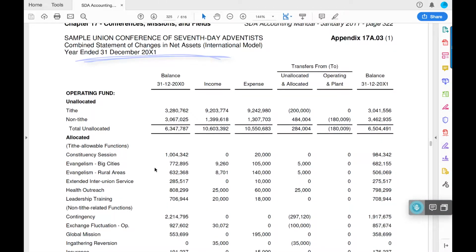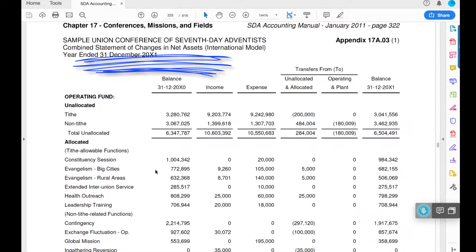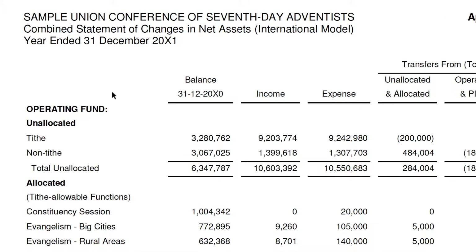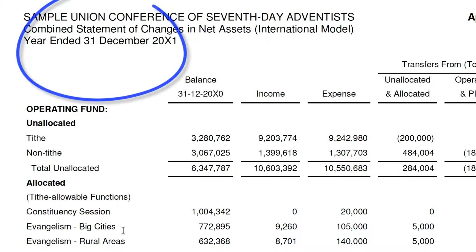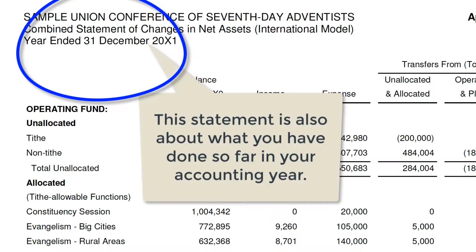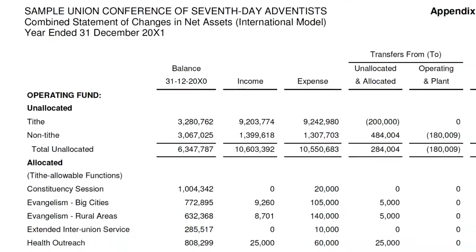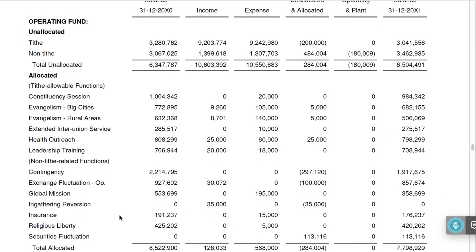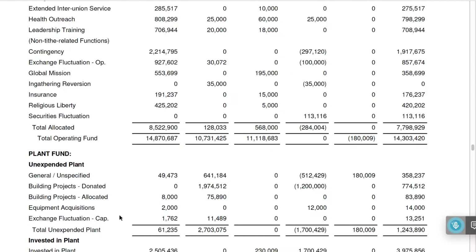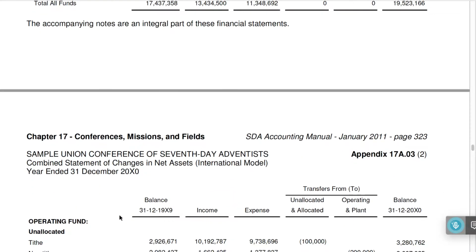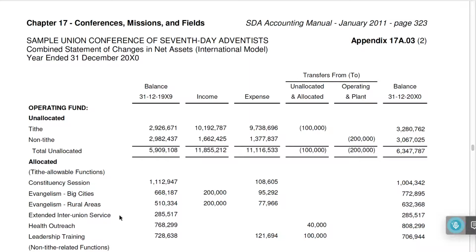Then we have a combined statement of net assets, which we'll have to dig into. And this one is for the year that has just ended. And it explains what's happening to your net assets. And that's why you're listening to this course, to discover what net assets are and what this net statement helps us do. Okay, and we'll look at that. And then the one for last year is exactly the same.